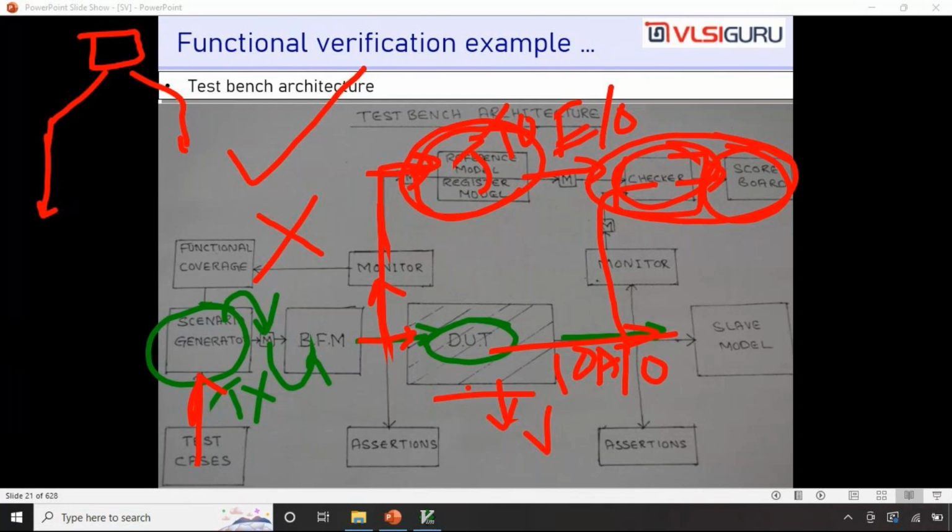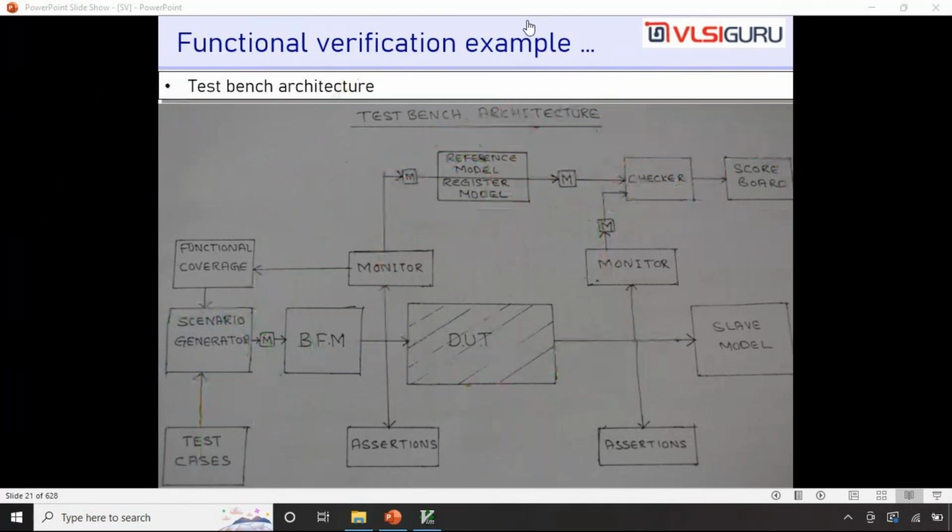Now what we will do is we will again develop this test bench from scratch. What you notice in this diagram is there are around 8 types of components.